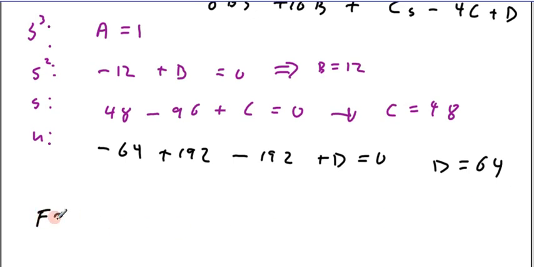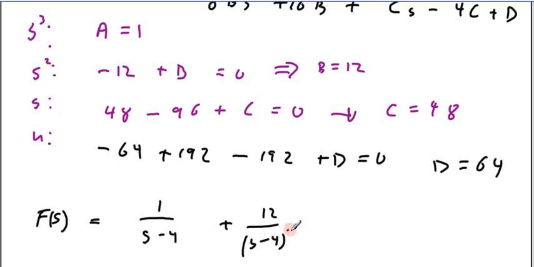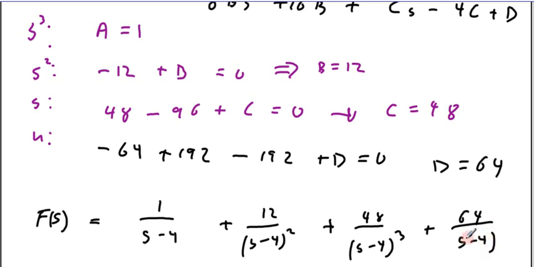So my f of s is going to be 1 over s minus 4, plus 12 over (s minus 4) squared, plus 48 over (s minus 4) cubed, plus 64 over (s minus 4) to the 4th.